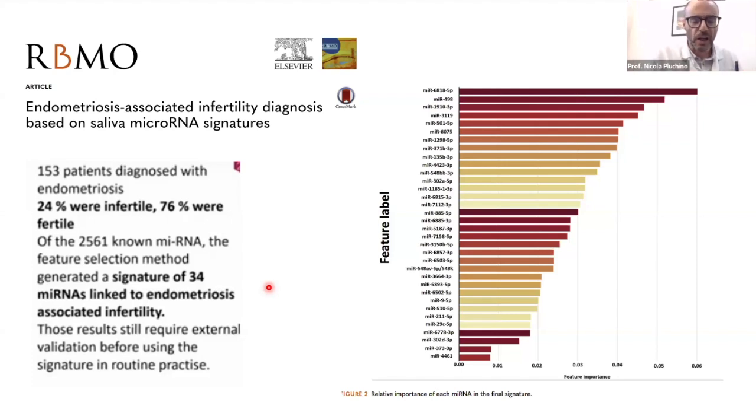And this has been provided again by the same group, published last year, where they found a 34 microRNA signature that is specific for the diagnosis of infertility associated with endometriosis.